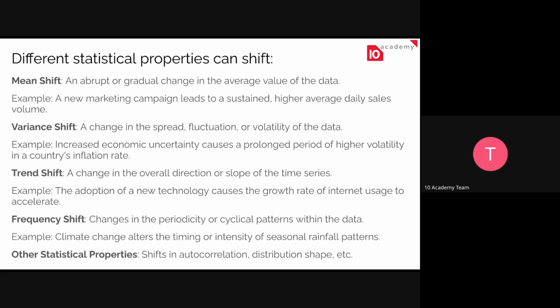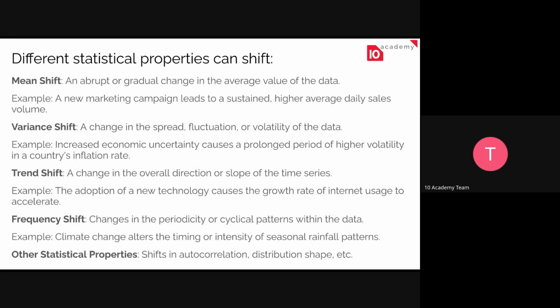This could be a new marketing campaign that leads to a sustained higher average daily sales, but the daily sales are not going to keep on rising. Eventually, it's going to go down. But at that time after the campaign, when you see a surge or an increase in the sales value, that's called a mean shift.